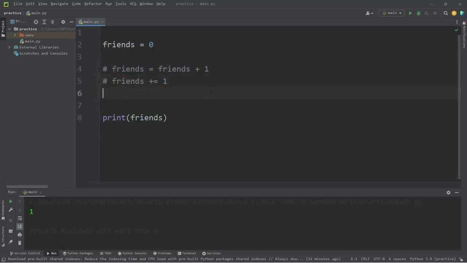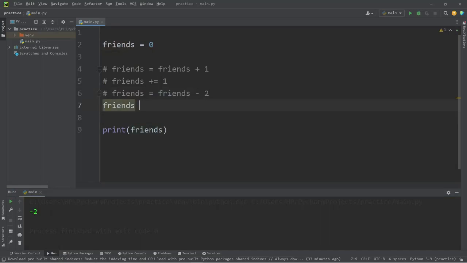Now let's use subtraction. Friends equals friends minus 2. So, of course, minus is the subtraction operator. You have negative 2 friends, I guess. If you were to use the augmented assignment operator, that would be friends minus equals 2. There, you still have negative 2 friends. Okay, multiplication.